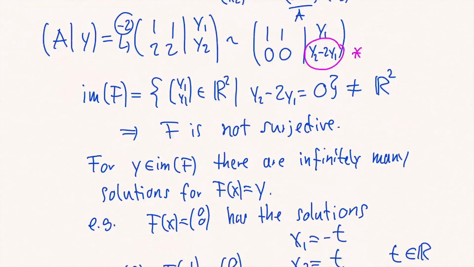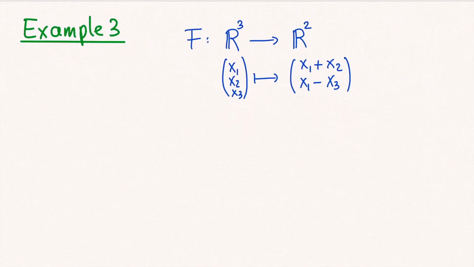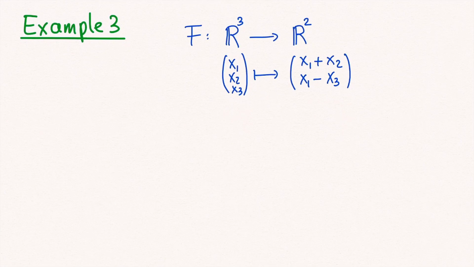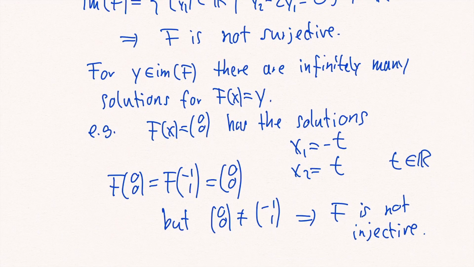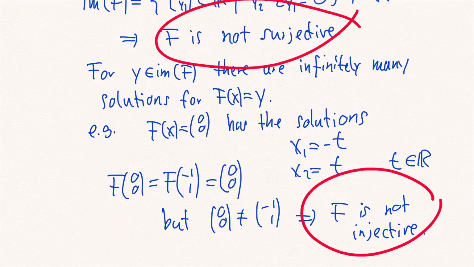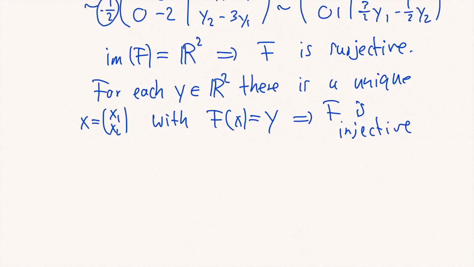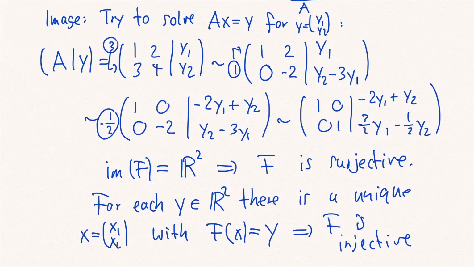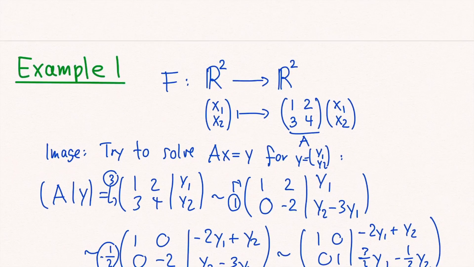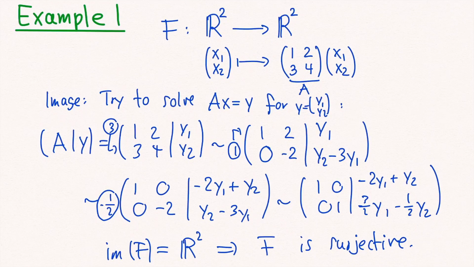Okay, so let's do example number 3. So now it goes from R3 to R2. Yeah, so first of all, here in this example, it was not surjective and not injective, and in this example here, it was surjective and injective. And the reason here is that these numbers were the same.